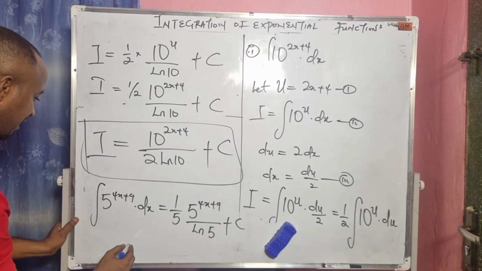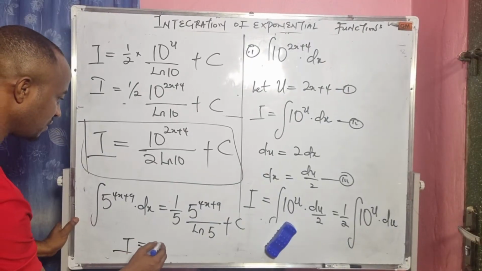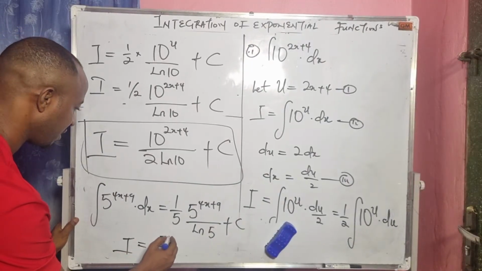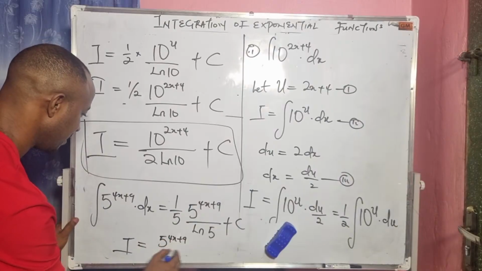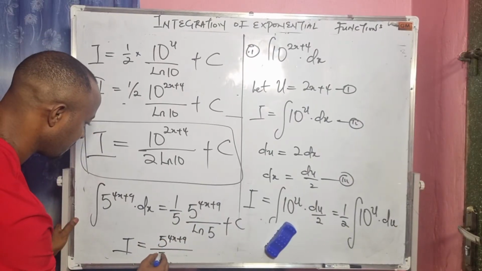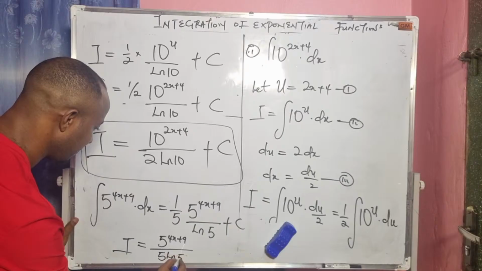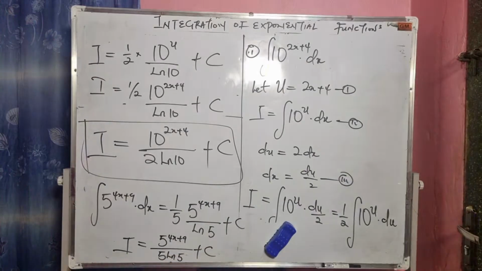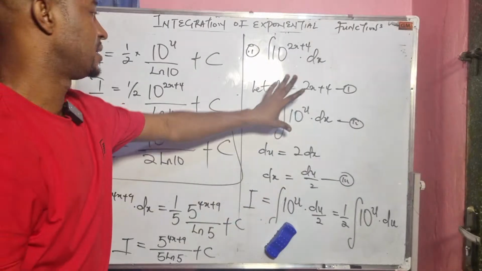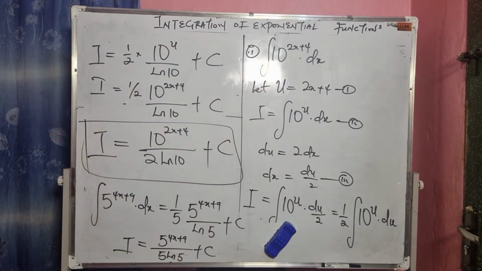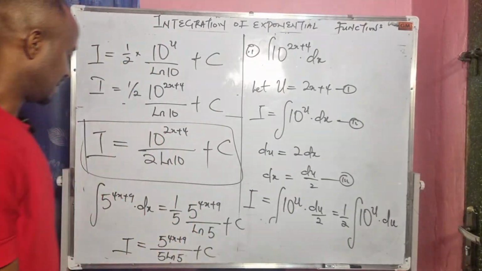And that will give us our final answer as I equals 5 to the power of 4x plus 9 divided by 5 ln 5 plus c. I was saying that it is very simple to solve. Are you there? So if I follow this whole process, I will get the same answer with this.